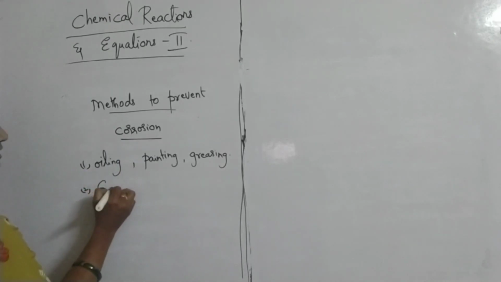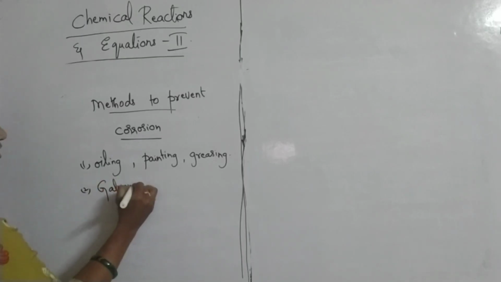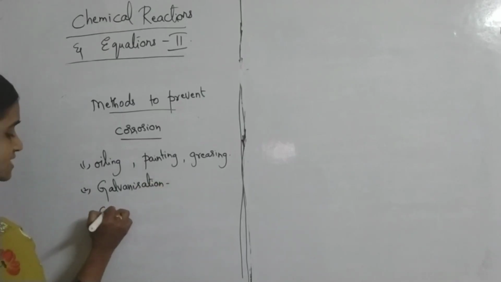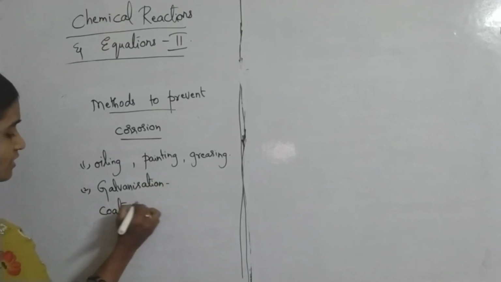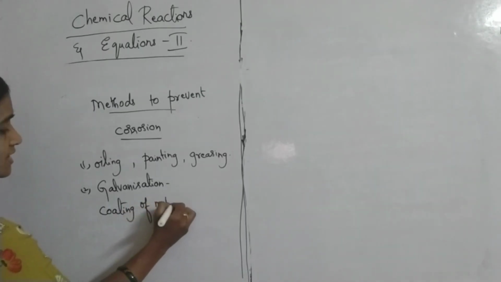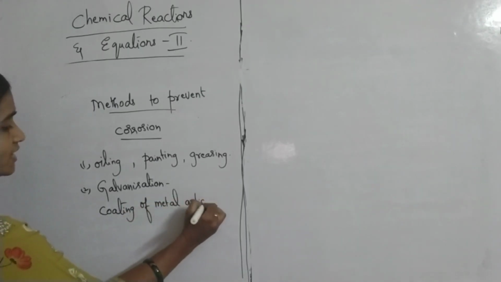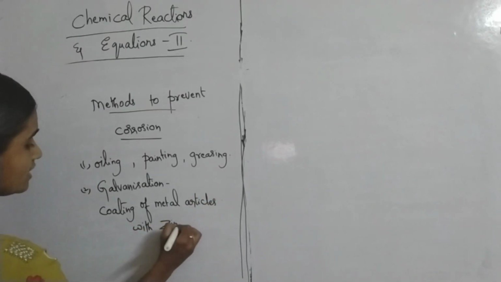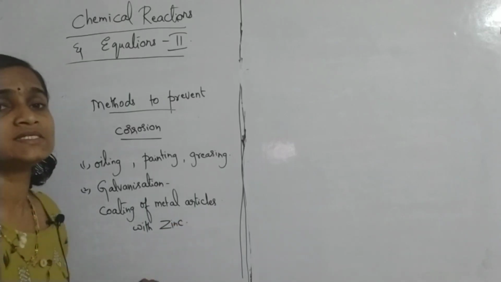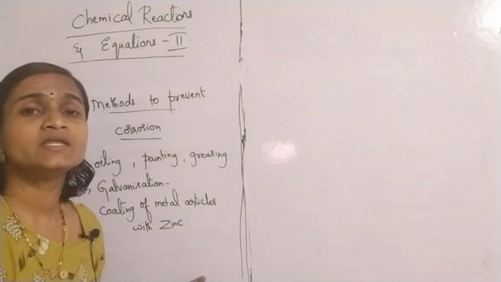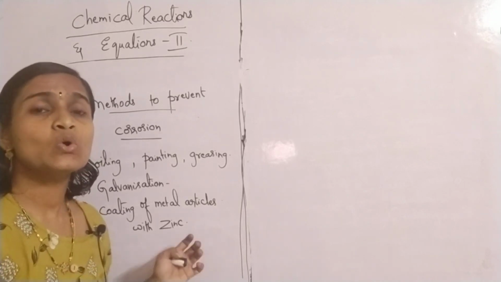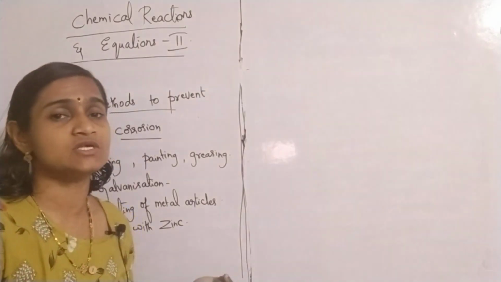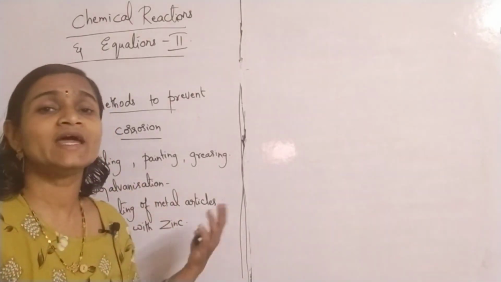And you have another method called as what? Galvanization. Galvanization means coating of metal articles with zinc. Nowadays, bridges, railings of bridges are coated with zinc only, so that however much they are exposed to atmospheric oxygen, they never get corroded.